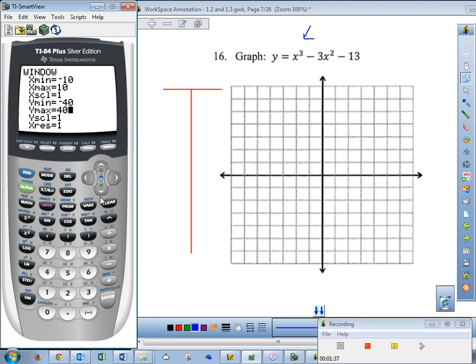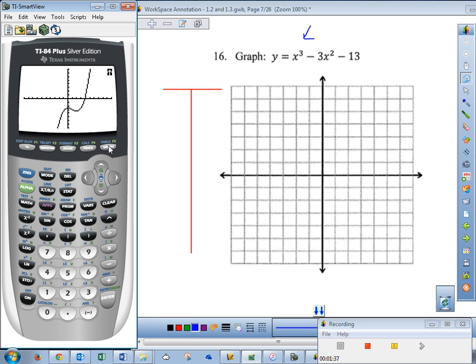And then I don't want to go by ones. That's what this Y scale is all about right here. I don't want to go by ones, so maybe 5s or even 10s or something like that. It's just so you don't have all those little tick marks in there. Graph it, see what it looks like. Can you see the whole snake? That looks pretty good, right? It's very snaky. So, table of values, fill them out. See what we're doing.